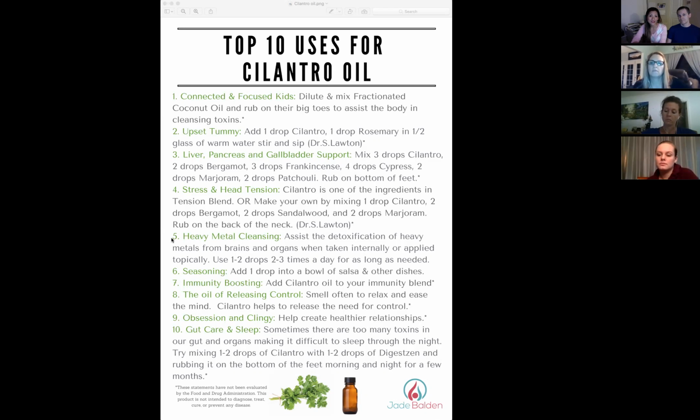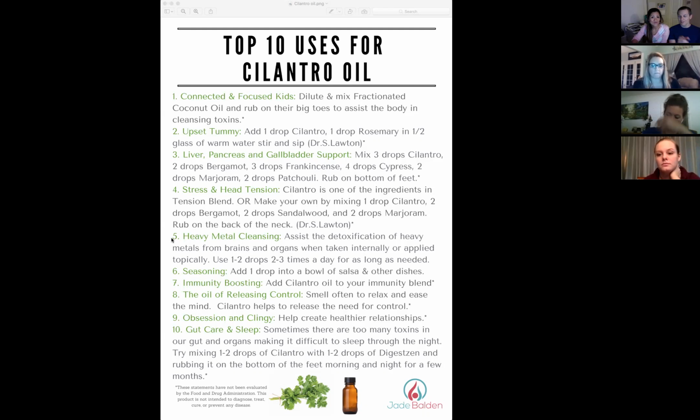We have problems that usually happen much later on in life, but so many more cases of young people getting that now. Just the world and the environment that we're living in. So this is really important oil to have.